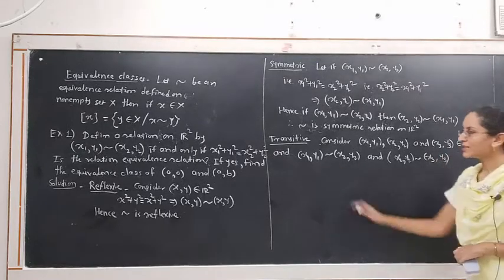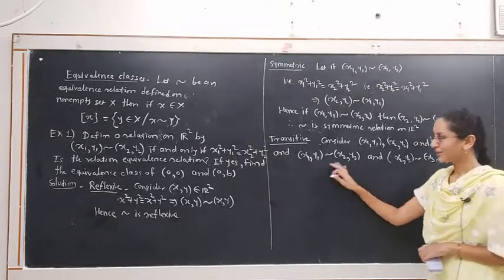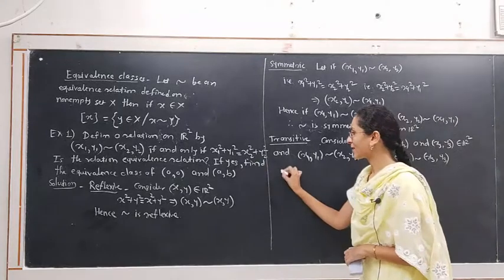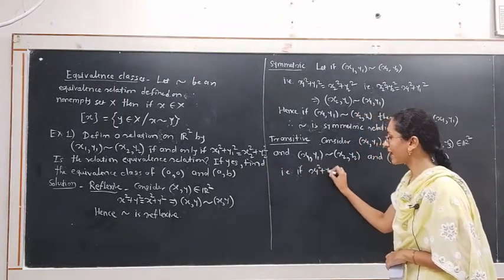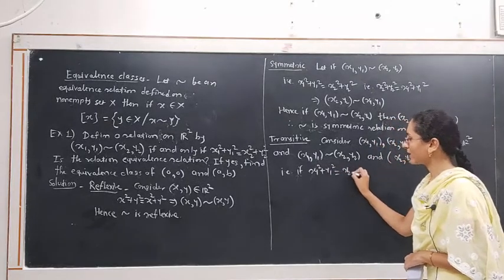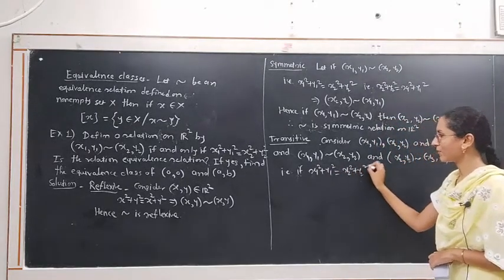When these two ordered pairs are related, they satisfy this condition, that is, x1 square plus y1 square is equal to x2 square plus y2 square.